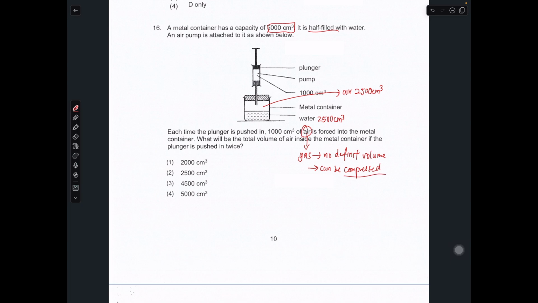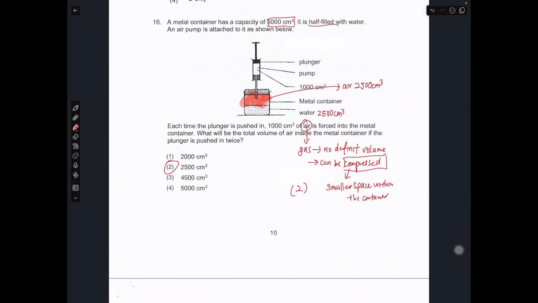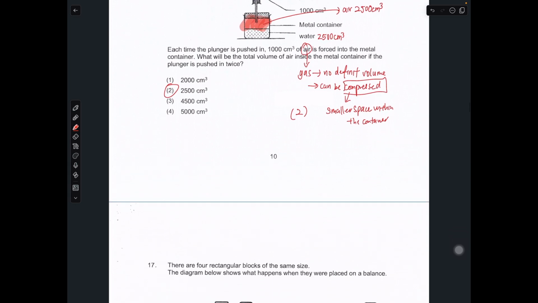So the air will be compressed to occupy a smaller space within the container. That will be 2,500. Whatever space you have here will be the volume of the air itself. So the answer is number 2.